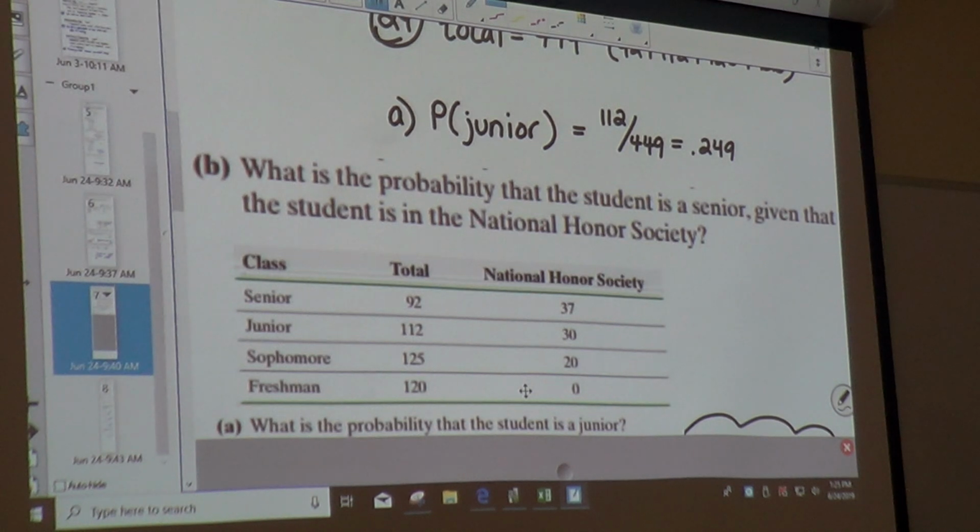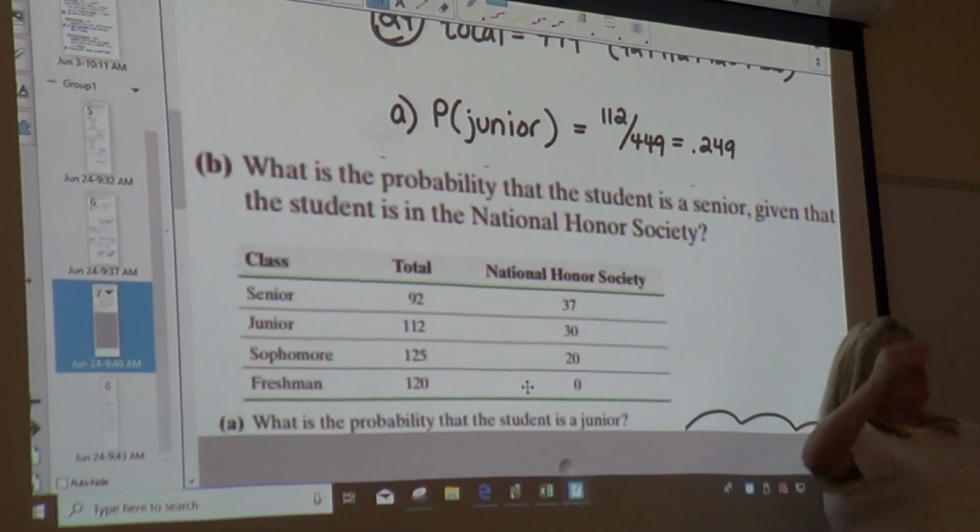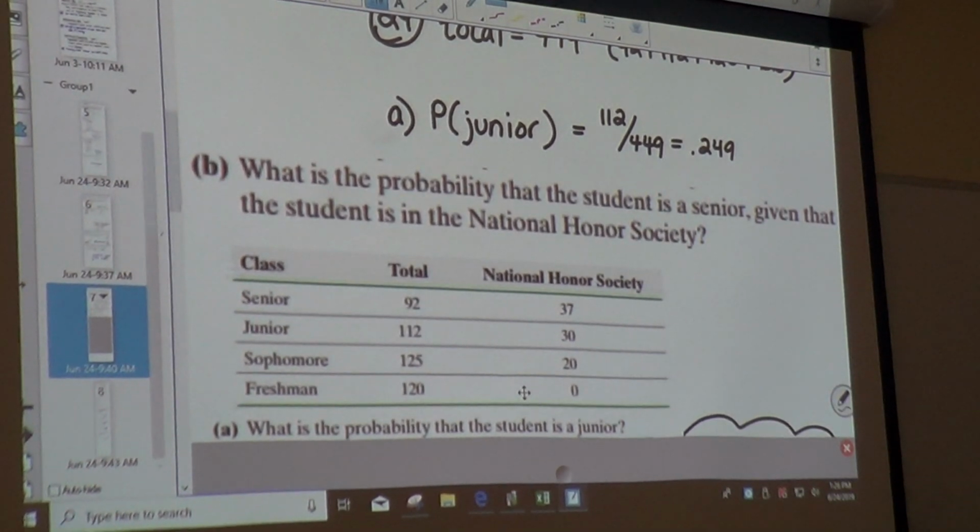What is the probability that a student is a senior given that the student is in the National Honor Society? So, given means we have our binoculars on. We're not looking at everybody. We're only looking at the Honor Society students.